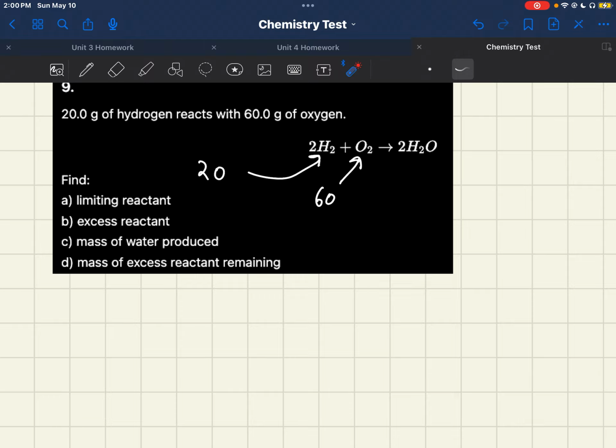And once that happens, everything else is stopped, which means that the excess reactants are just the other reactants, in this case, either the hydrogen or the oxygen, which still has some of its mass remaining because of the fact that the other reactant has been fully completed. It's been fully depleted. So to actually find which one has the limiting reactant, which means which one runs out faster in our chemical equation, you would use the following steps.